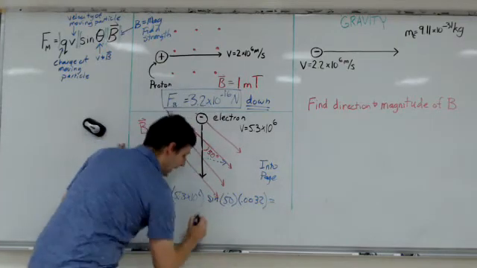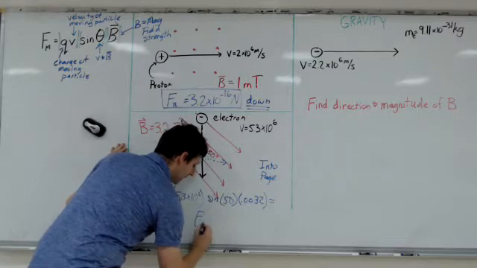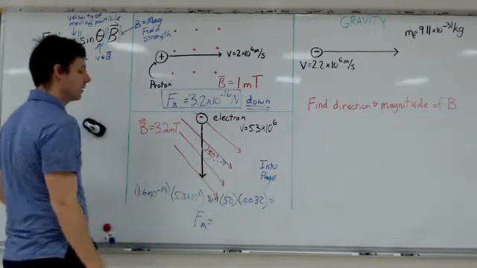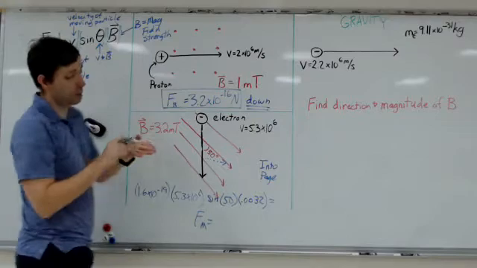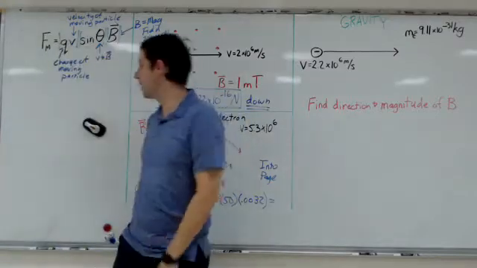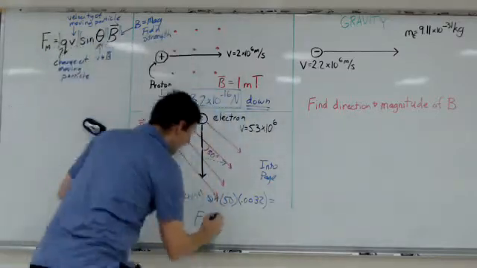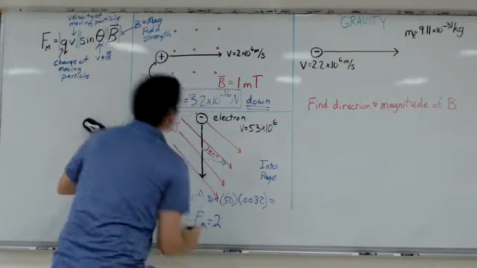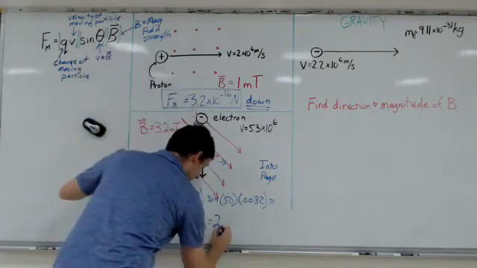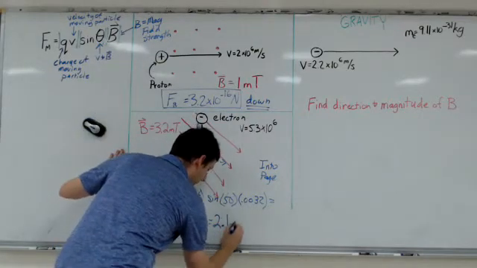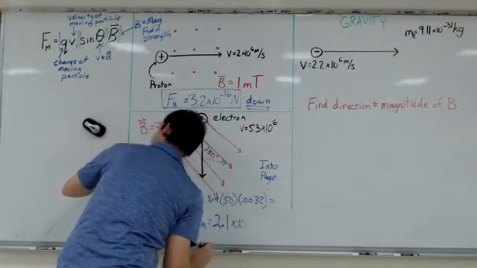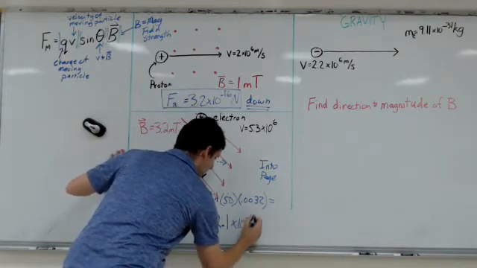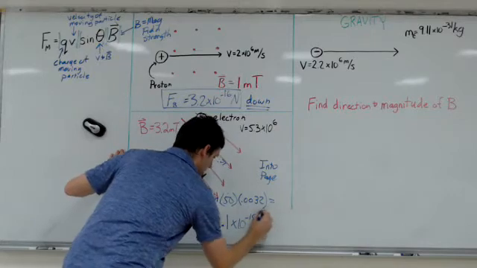And that should then allow us to get the magnetic force. And hopefully you get 2.08. I only did two sig figs there, so I'm going to go 2.1 times 10 to the negative 15th newtons.